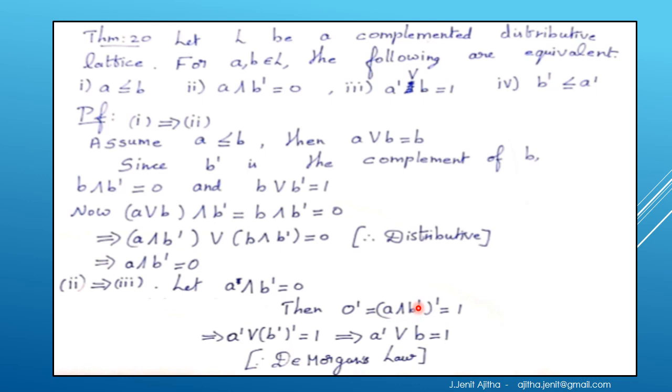And now by De Morgan's law, if you bring this complement inside the bracket, then this implies A complement, this meet will change to join, and B complement the whole complement is equal to 1. This implies A complement join B complement the whole complement will again become B. So A complement join B equal to 1.